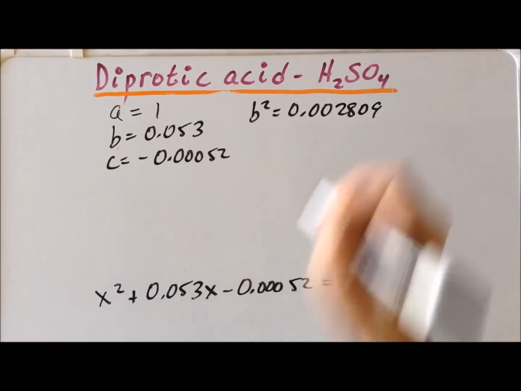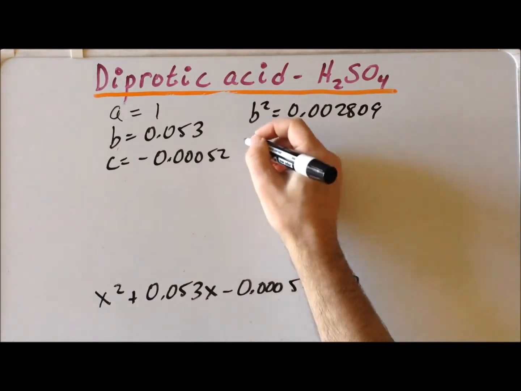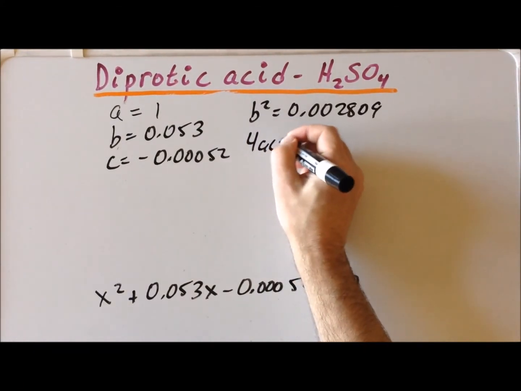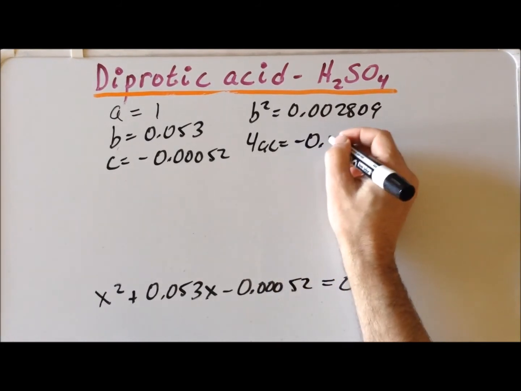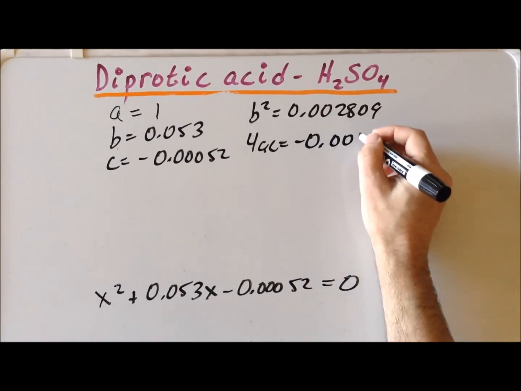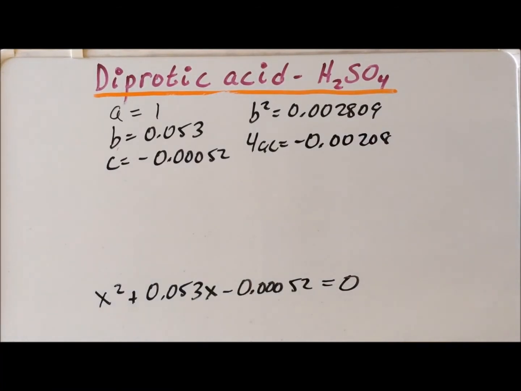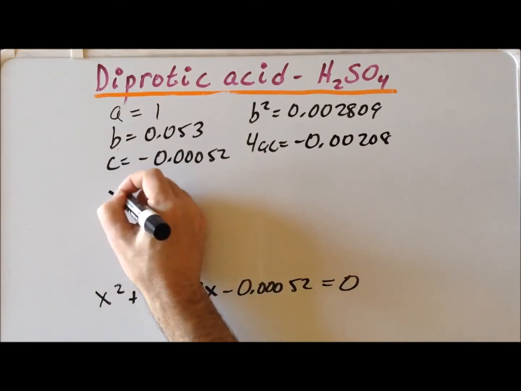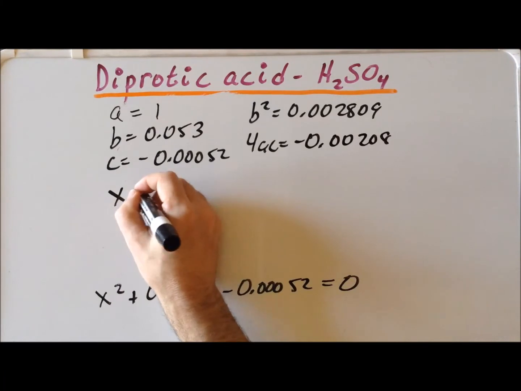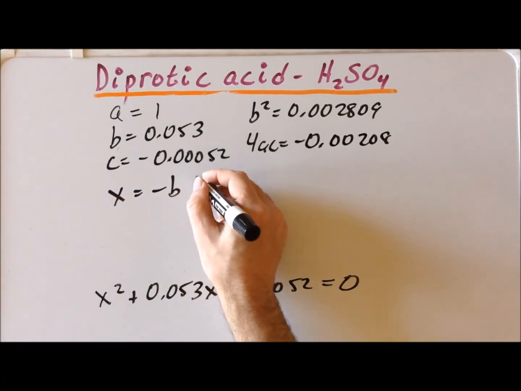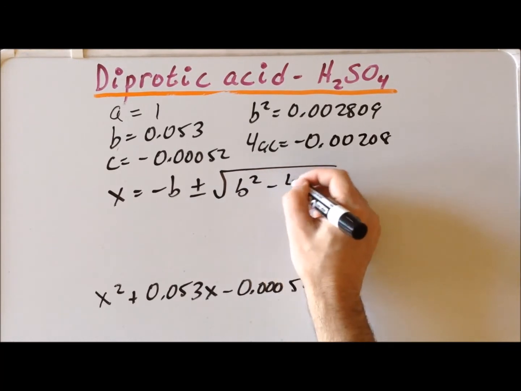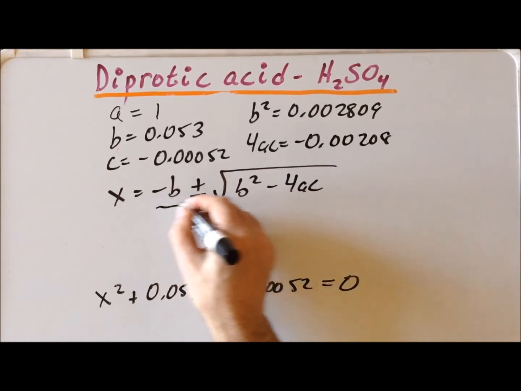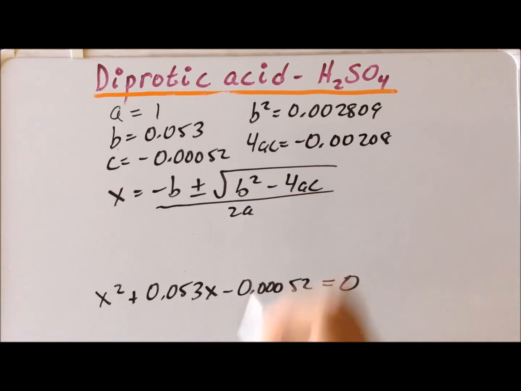And then for ac, that is equal to minus 0.00052. And we recall that the solutions for the quadratic equation, values of x, are going to be negative b plus or minus the square root of b squared minus 4ac, divided by 2 times a.